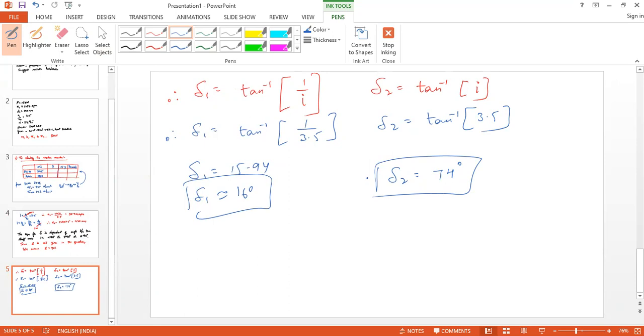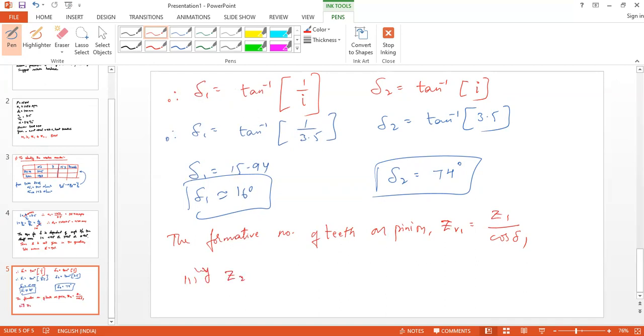Now, since we know the value of delta 1 and delta 2, we can get the value of ZV1 and ZV2. The formative number of teeth on pinion, that is ZV1, is equal to Z1 by cos delta 1. And similarly, ZV2 is Z2 by cos delta 2.